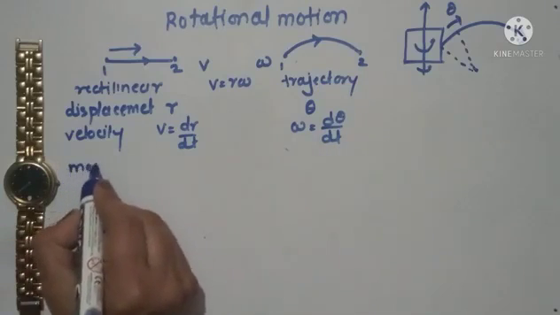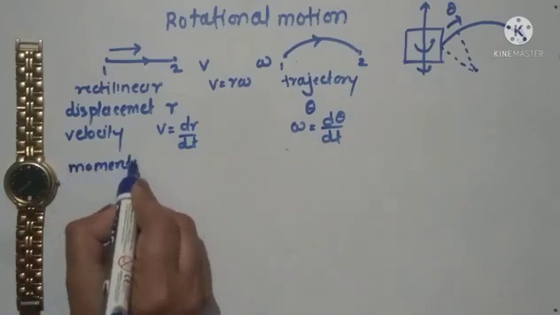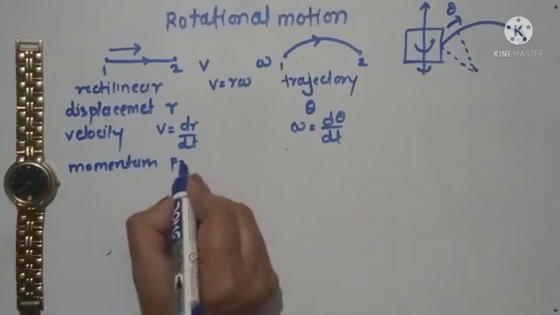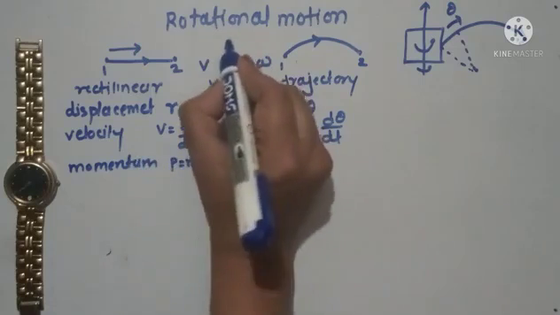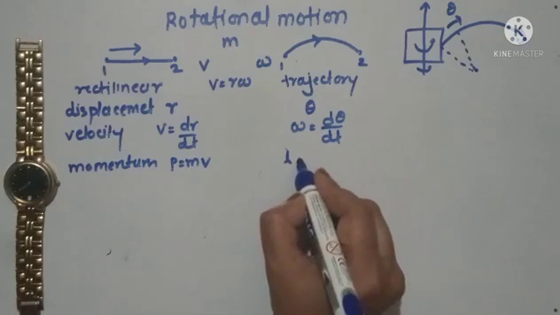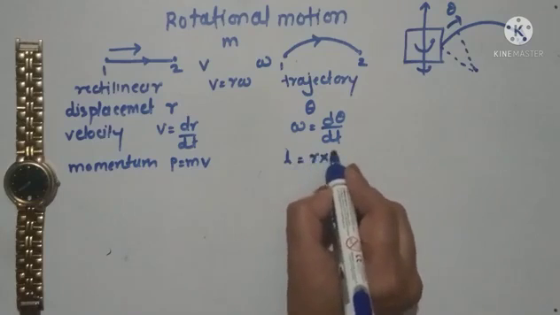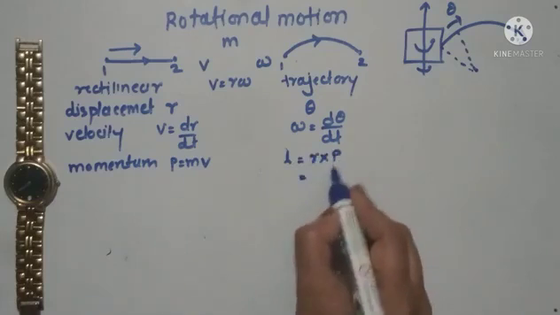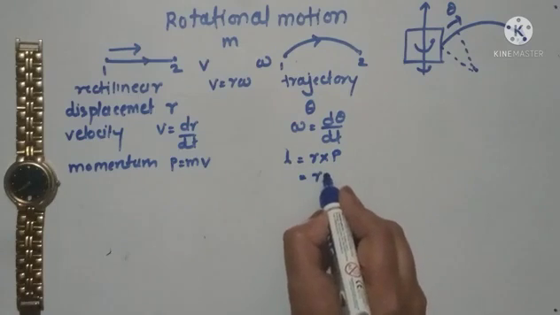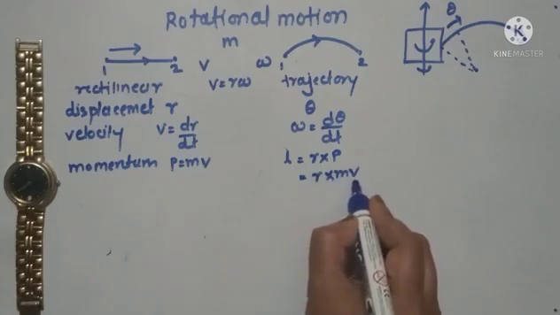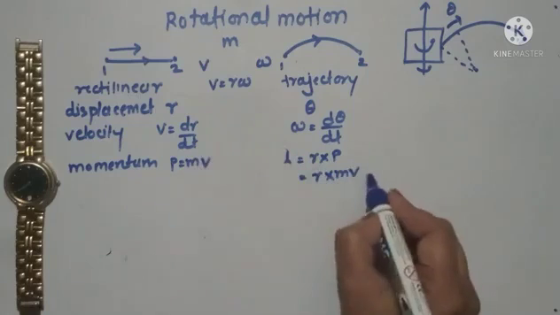Similarly, momentum in a linear motion is given by P is equal to mv. In a rotational motion, angular momentum is denoted by L and it is given by r cross P. We can put the value of this linear momentum, which is nothing but mv, and we can also put the value of v as r omega.